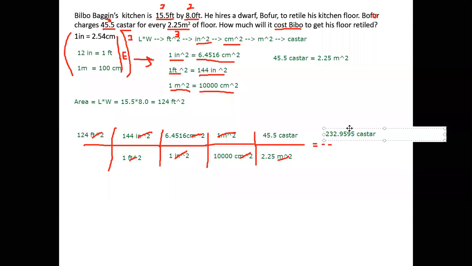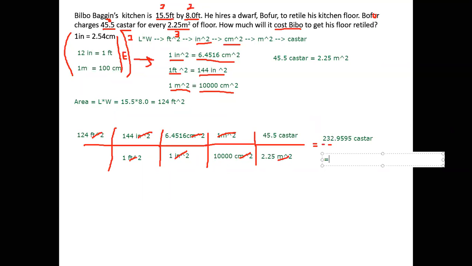And again, we have to round this to 2 significant figures because in the numbers given to us, the lowest one is 2. So 1, 2, and after the 3 is a 2. So the correct number should be 230 Castar. I thought that was a little bit cheap to be getting a floor retile, but yeah. So on this note, we'll pause.